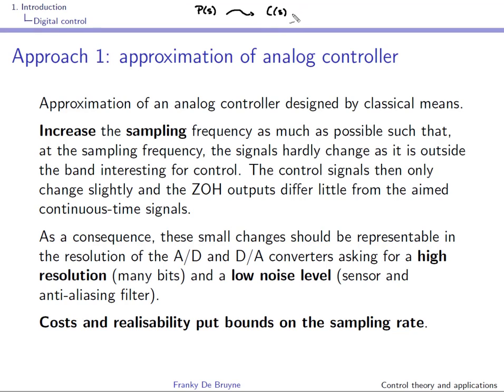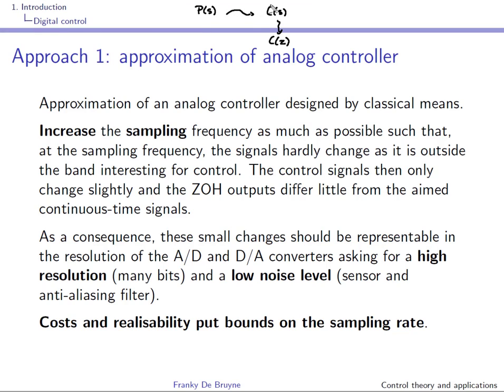But of course, this continuous time controller, or this controller in the Laplace domain, has underlying differential equations that we have to approximate so that they become difference equations that we can implement on a processor. So somehow we have to find a description C of Z, because underlying this transfer function in the Z domain we have a difference equation that we can implement on a processor, right?